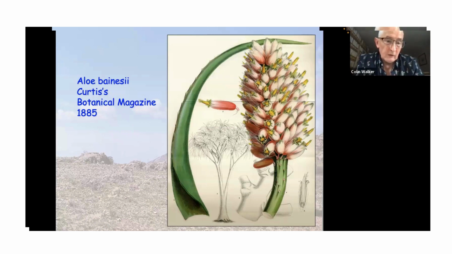Here we are in 1885, and he's calling it Aloe bainesii. So this confusion lasted for 120 years, as I say, until 1994, when Gideon Smith sorted it out. And if you want to call it an aloe, you should call this Aloe barberi and not Aloe bainesii.